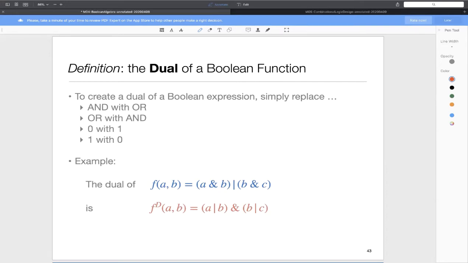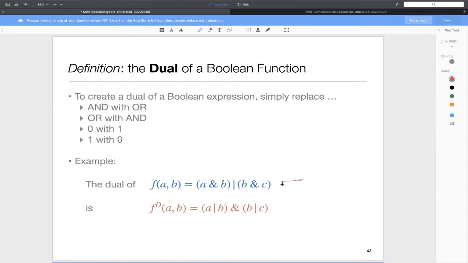And if I have the constants 0 and 1 appearing in the expression, which they might, just like in regular algebra you can write x plus 2, I can certainly write x OR x ANDed with 0, or x ANDed with 1, then I will replace 0 with 1, and 1 with 0. Now I'm going to get a new expression. This original symbolic expression is replaced by a new one, and that is called the dual. And we indicate the dual with this superscript d.